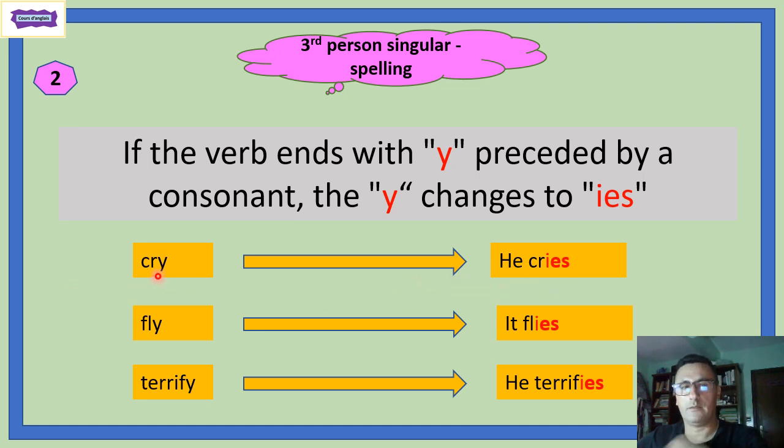I cry, you cry, he cries, she cries, it cries, we cry, you cry, they cry. Fly, c'est voler ou bien s'envoler. It flies. Terrify, terrifies.